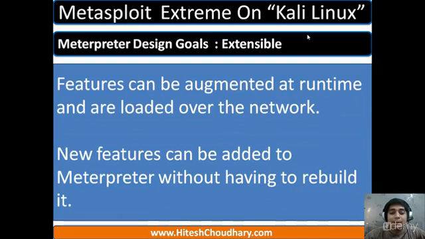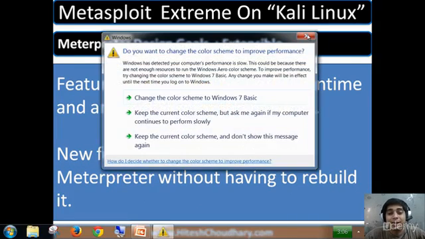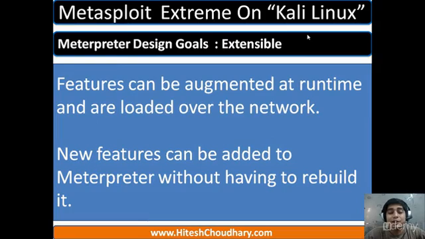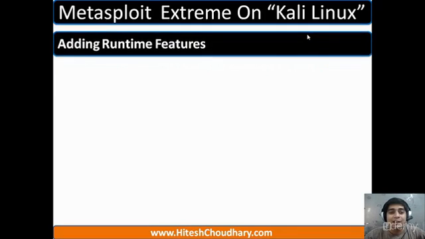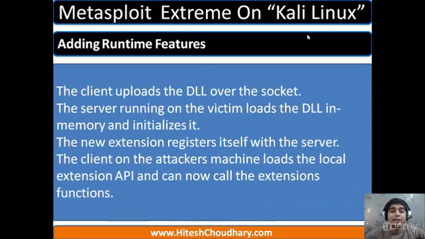So Meterpreter can add more features, and that too at runtime. It will give you things which are very important, and you can use the IRB shell, that is the interactive Ruby shell. Meterpreter can give you the IRB shell on which you can write anything that you want in programming.